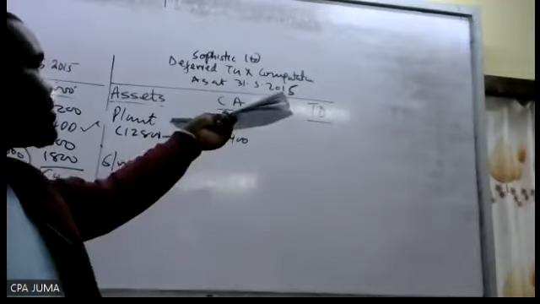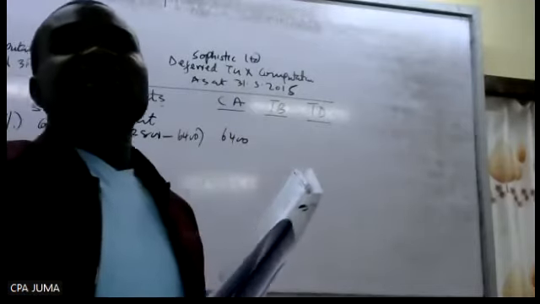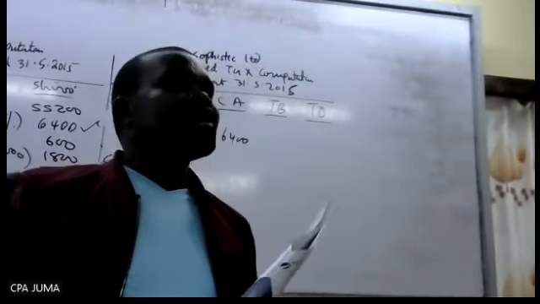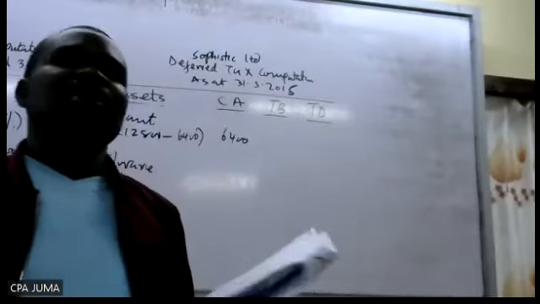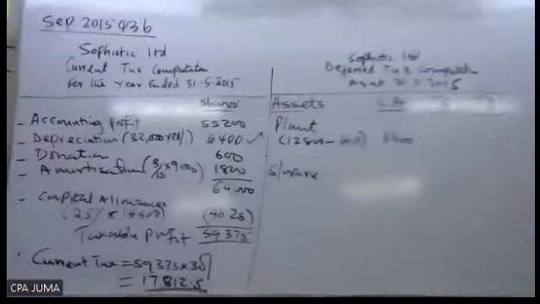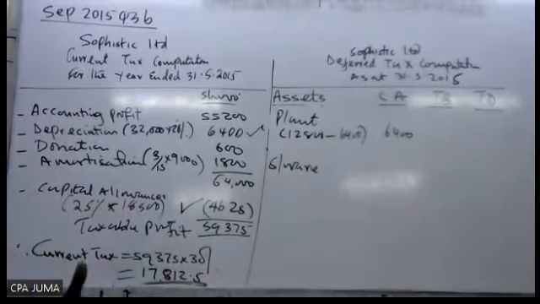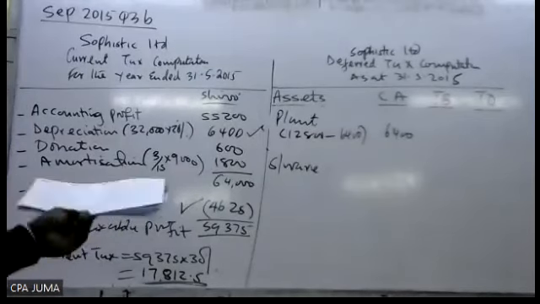How much was the tax base 2014? 18,500. So to get the tax base 2015, subtract the capital allowance in 2015. So our capital allowance 2015 is this one here, 46.25. You keep on reducing that, because that 18.5 is what we charge, the wear and tear.